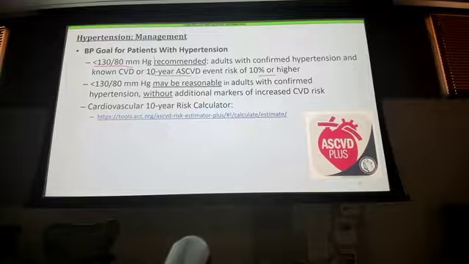That's what they recommend. But for patients who have an ASCVD risk of less than 10% and no additional risk markers, it's reasonable to get them below 130 over 80, but not a requirement. So in somebody with an ASCVD risk less than 10%, it's okay if their blood pressure is in the 130s over 80s. Just try to keep them out of the 140s over 90s. Okay.